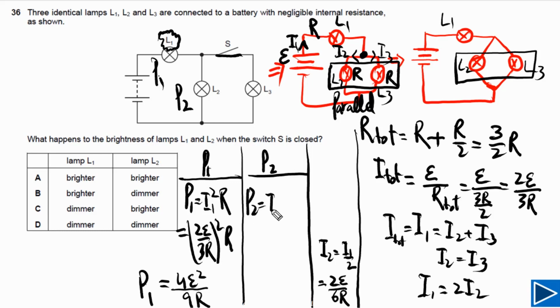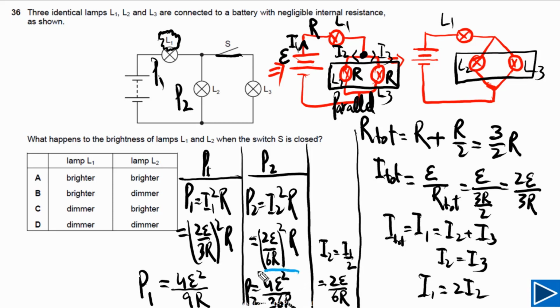P2 will be simply equal to I2 squared times R. As we understand, I2 is equal to 2E divided by 6R, and the square of this is multiplied by R. If we simplify this one, we will get 4E squared divided by 36 times R. So this is the value of P2.